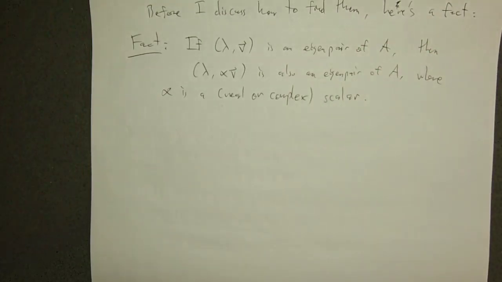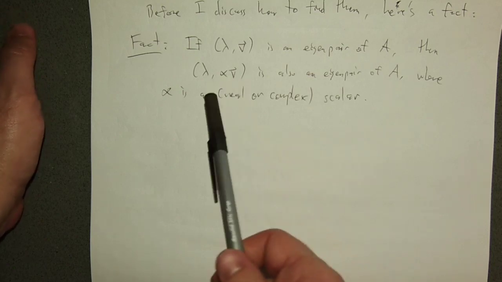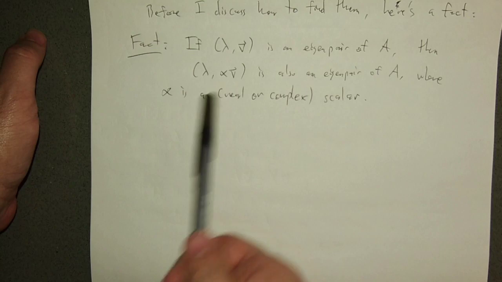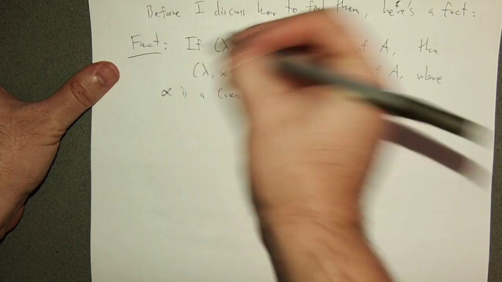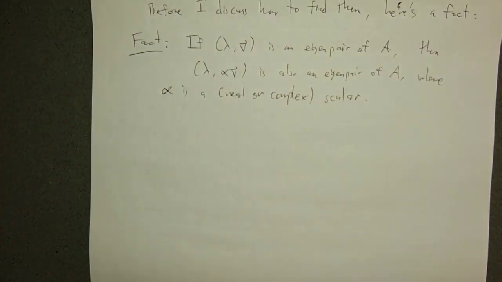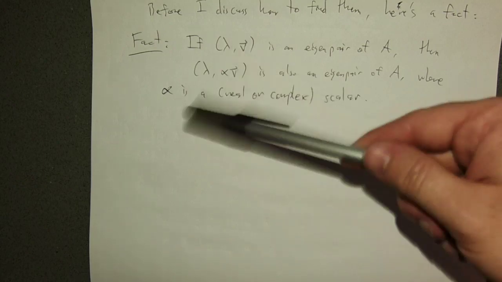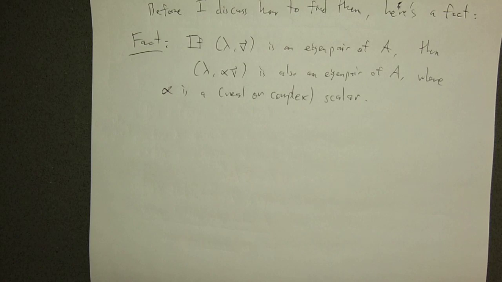So this immediately answers the question of whether or not an eigenpair is unique in some way. The answer is no. If I have an eigenpair, I can scale the vector in question by any scalar I like and get another eigenpair associated with the same eigenvalue. So they're not unique in that sense, but up to this multiplication by a scalar, they are. This will come into play later. This is the first of many facts that we're going to talk about.